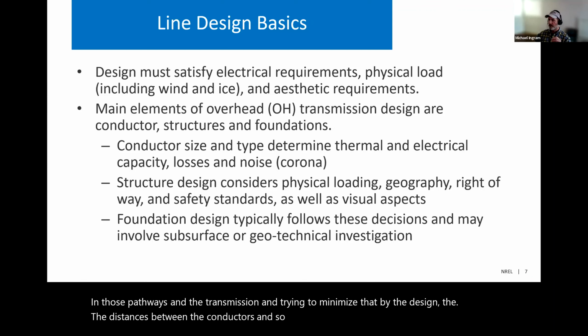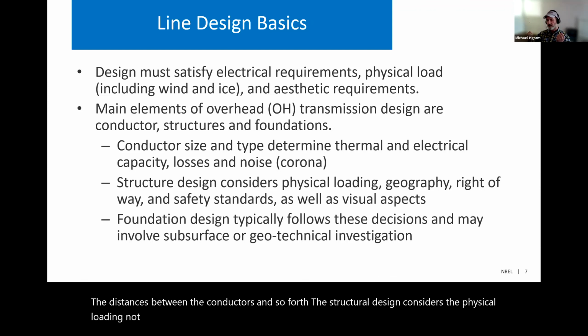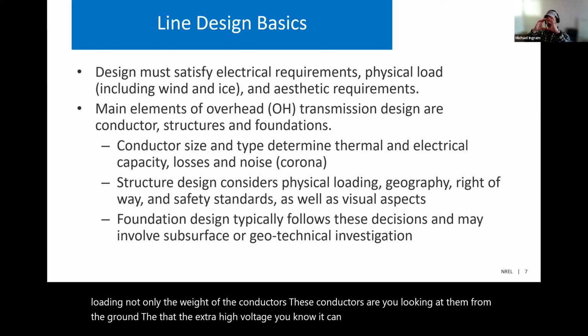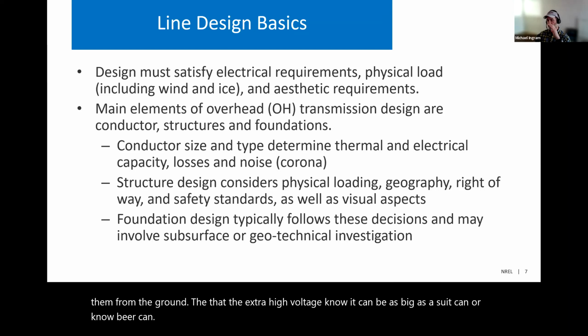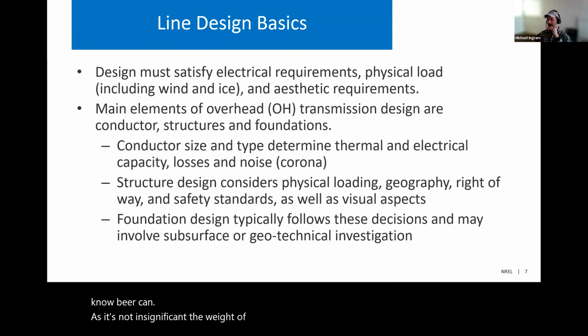The structural design considers the physical loading, not only the weight of the conductors. So these conductors, you're looking at them from the ground. The extra high voltage conductor can be as big as a soup can or a beer can, and the weight of that is not insignificant.